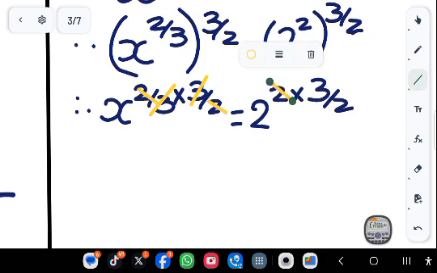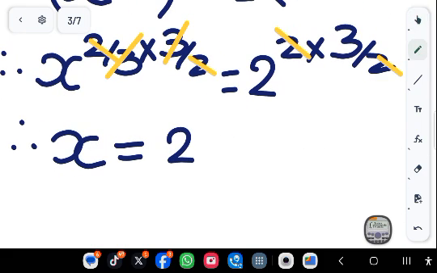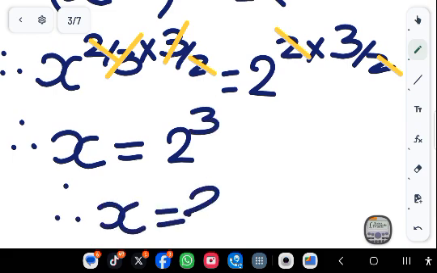And then over here, the 2's cancel out. So you are left with x equals 2 to the power of 3, which equals 8. Therefore, x equals 8.